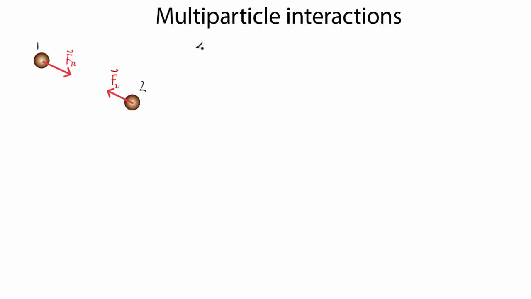And we showed that we can define this force in terms of a potential, such that specifically the force F12, which depends on the difference in position between particle 1 and particle 2, that is vector r1 minus vector r2, is equal to minus the gradient with respect to the position of particle 1 of some potential, which also then depends on the difference in position between the two particles.